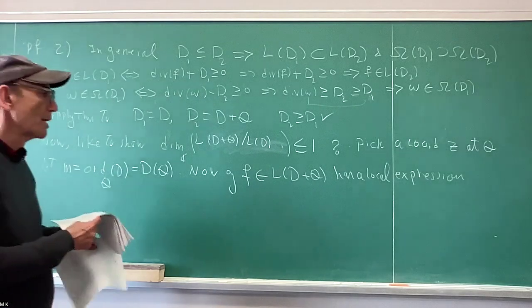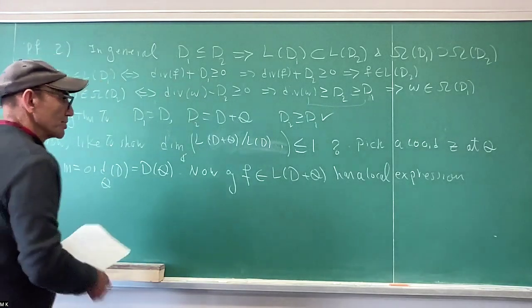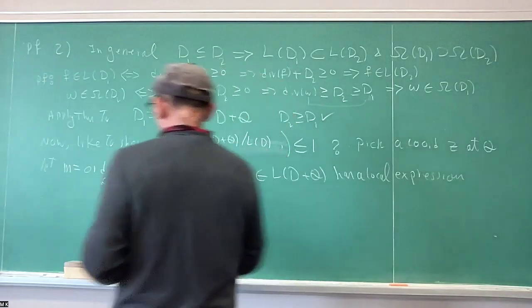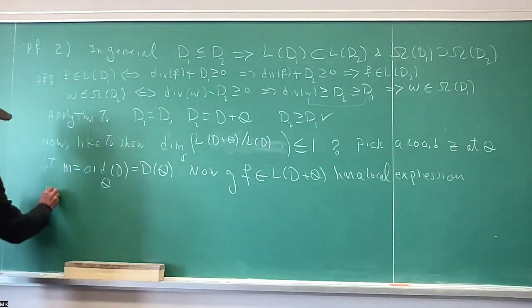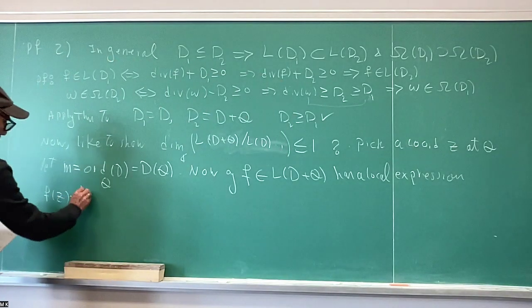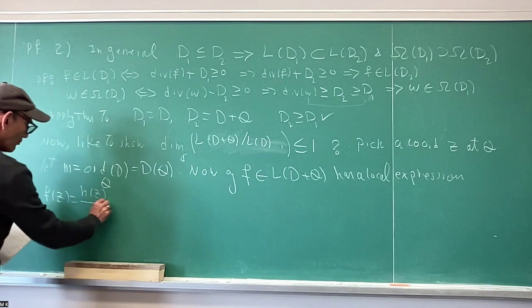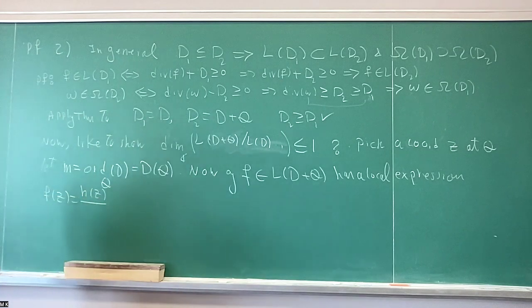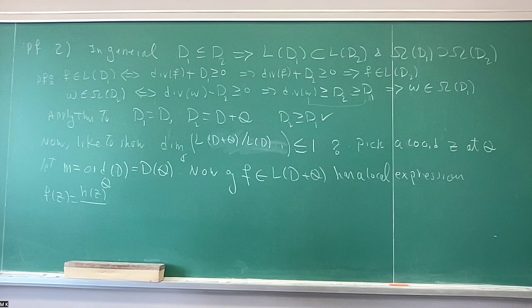So it has a local expression of the form f of z equal to h of z. Is there a reason why we're using uppercase Q instead of lowercase q for a point? Not really, you can just use little q.